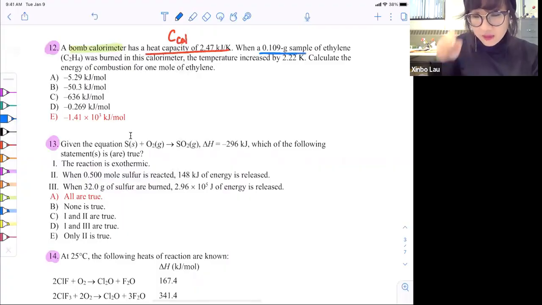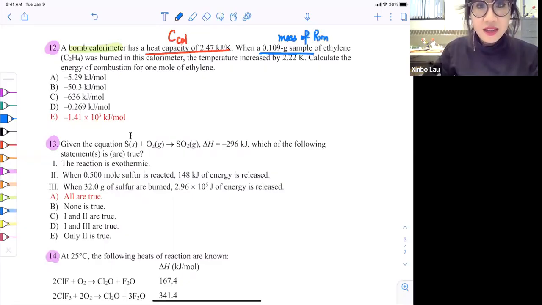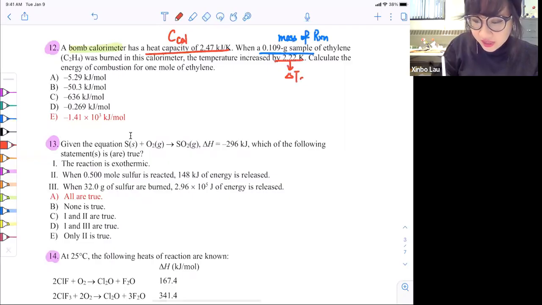It's saying 1.109 grams of sample was burned in the calorimeter. So the sample is our reaction, and I have the mass information for my reaction. And then when it burns, the temperature increases by 2.22 K. That's the observation for our calorimeter, the temperature change for the calorimeter.